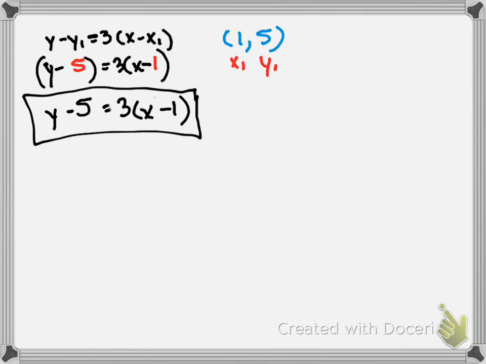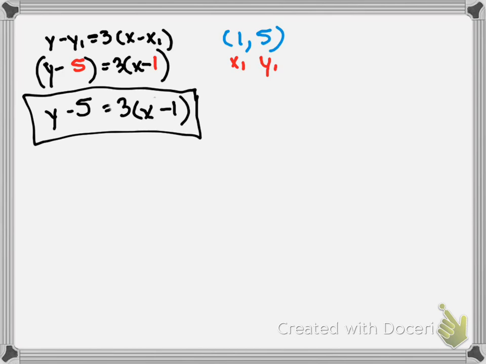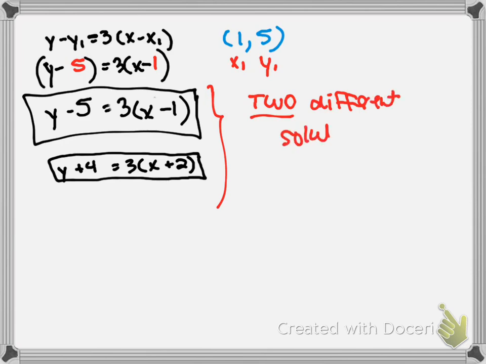So that's your answer. Let's go back to this other page here. Okay, so unlike slope-intercept form, we actually have two different solutions, because there are two different points.